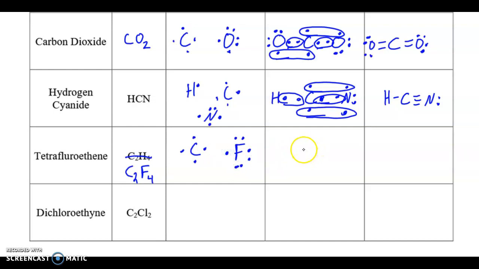Right, so we'll make the carbons the central atoms. Right, and then we're going to put our fluorines out here. Each of those can single bond. So there's a single bond. Here's another F. And it can single bond.